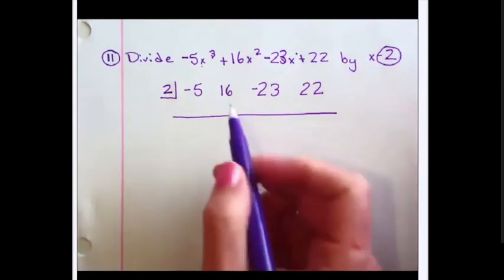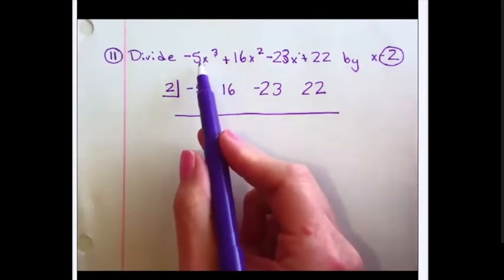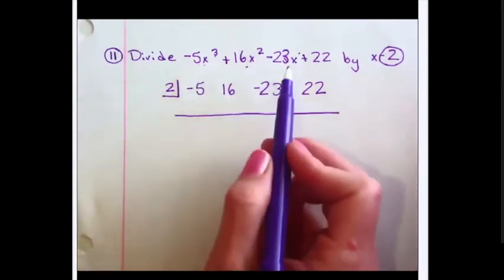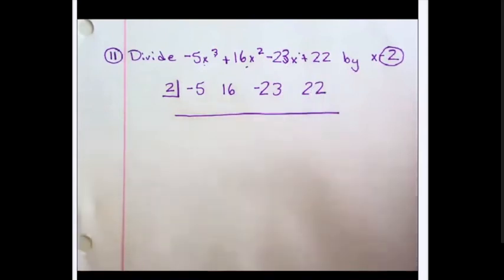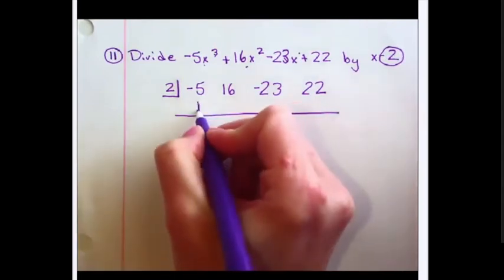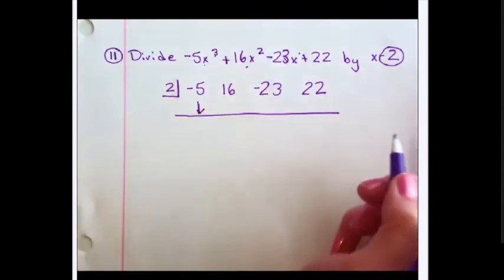Okay, so all I did was take the coefficients from all of these, -5, 16, -23, and 22, and write them next to that +2 in the box. Now we're going to go through the same process. Okay, we're going to bring down the -5.